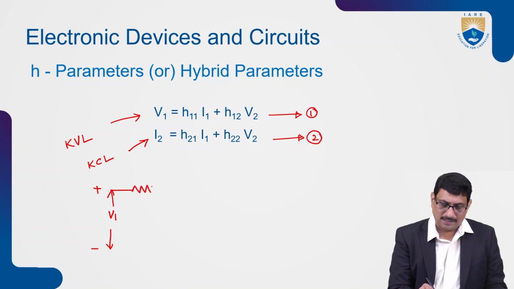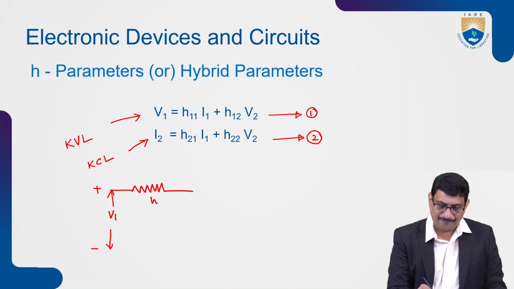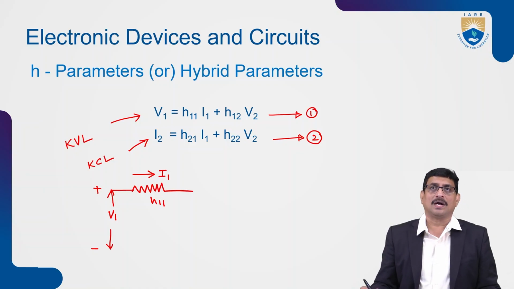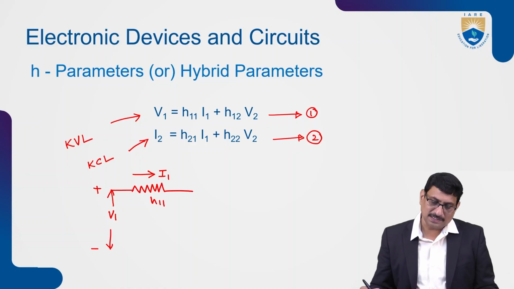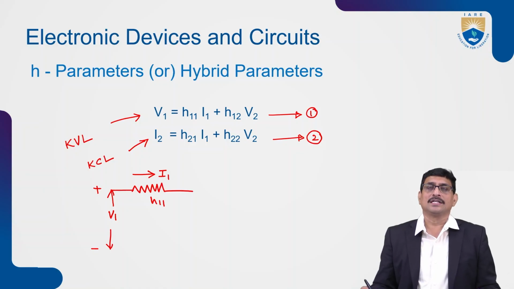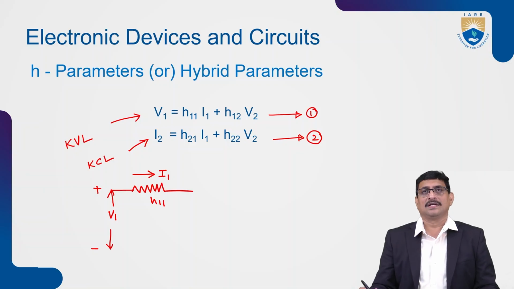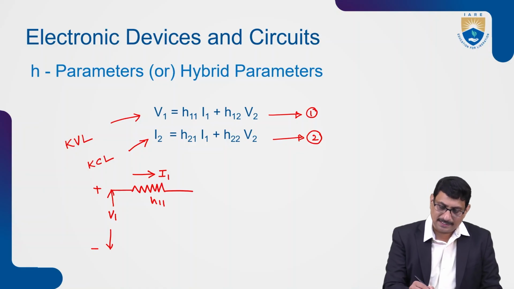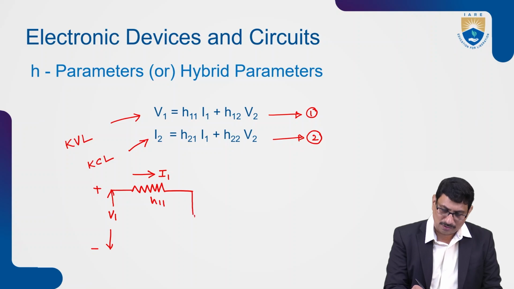Across the impedance h11 there is a flow of current I1, so the voltage drop across h11 is h11 times I1. The other term is plus h12 V2. h12 is the reverse voltage gain, which is dimensionless and has no units. It is only a value multiplied by V2, which indicates that it may be a voltage source.